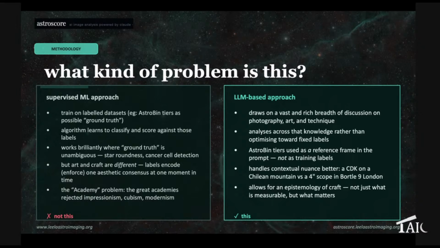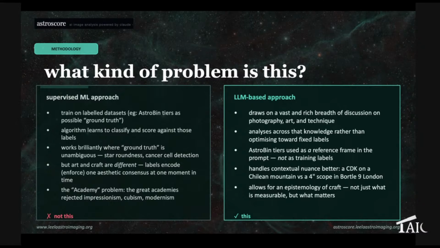My initial thoughts were thinking about this as what's known as a supervised machine learning approach, where you train an algorithm on labeled data sets. So for example, you could use Astro tiers and use them as the ground truth. And the idea is the algorithm would learn to classify and score.